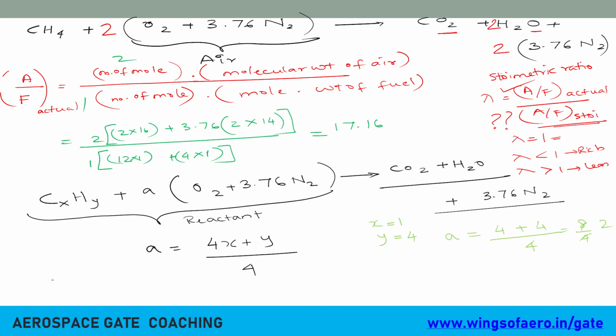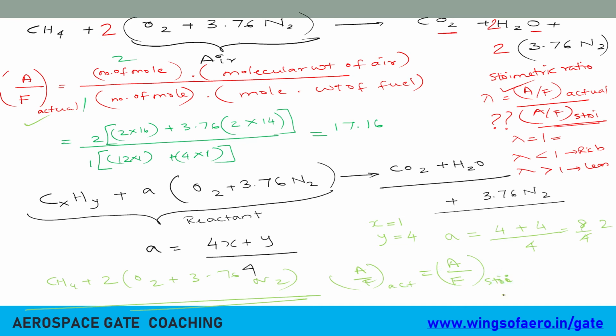Now if I make this CH4 plus 2 O2, it is balanced with the actual one. So the actual air by fuel is the same as the air by fuel stoichiometric.